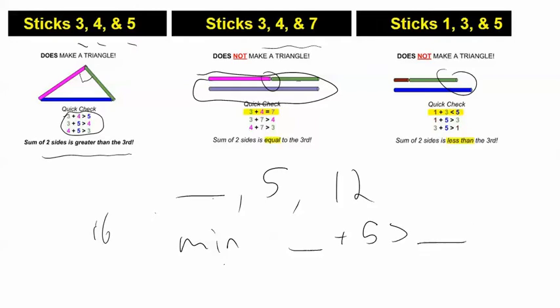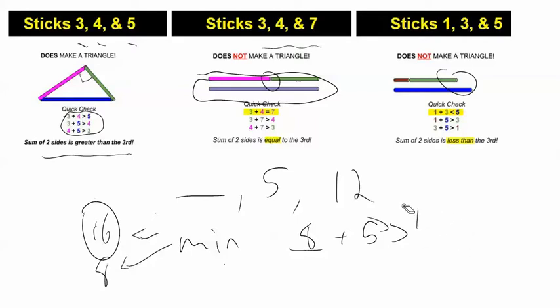Again, I don't check something plus 12 because that's already bigger. But this has to be bigger than 12. Well, what number would that be? Well, the smallest that this number can be, if I make it 7, it's not bigger than it, it's actually equal. So the smallest it can be is 8. So in other words, my range here is going to be, the minimum is going to be 8, and this is my max. Okay, and you kind of go through it and look at it like that.